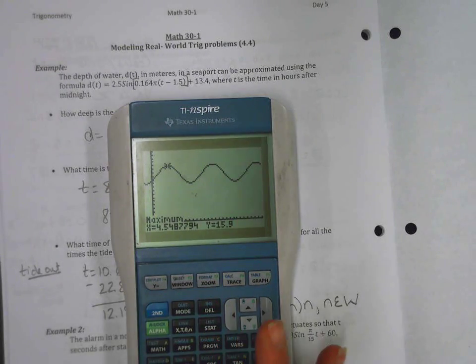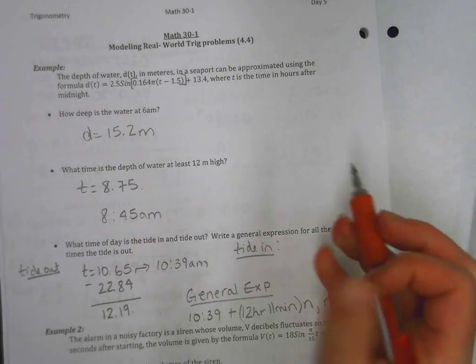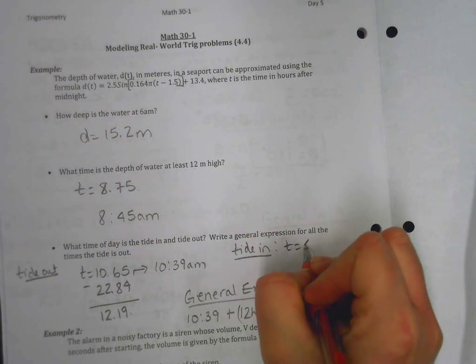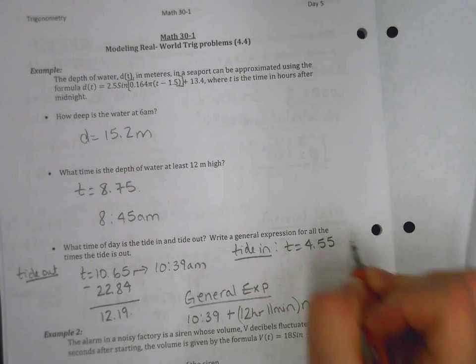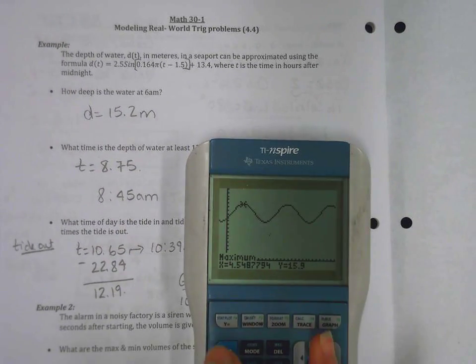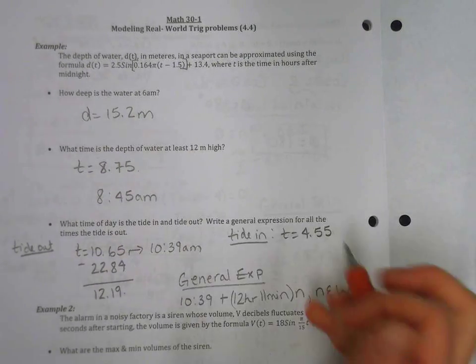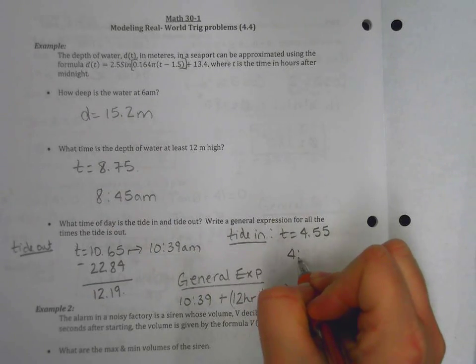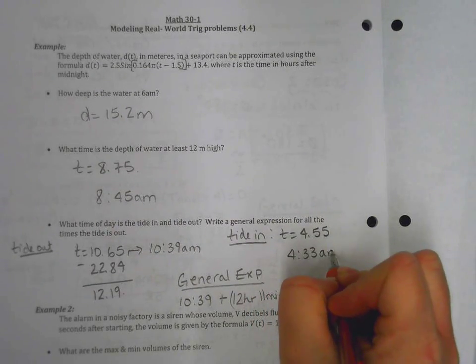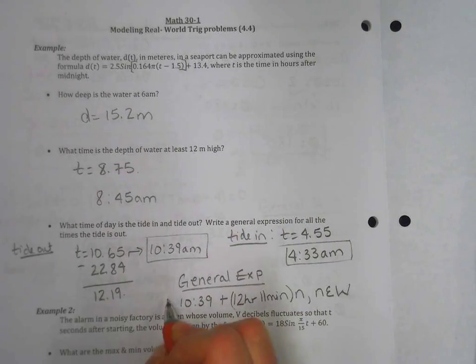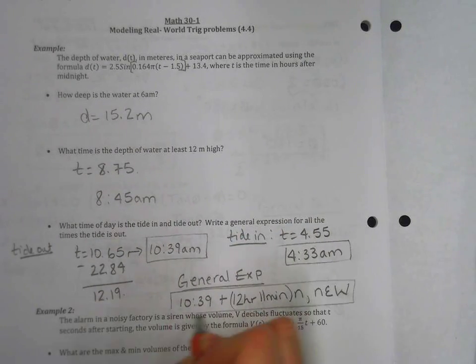And I get a value of 4.55. So again, I want to convert that to time. So 0.55 in minutes would be 33 minutes. So this would be at 4:33 a.m. Okay, so kind of lots going on in this question. General expression.